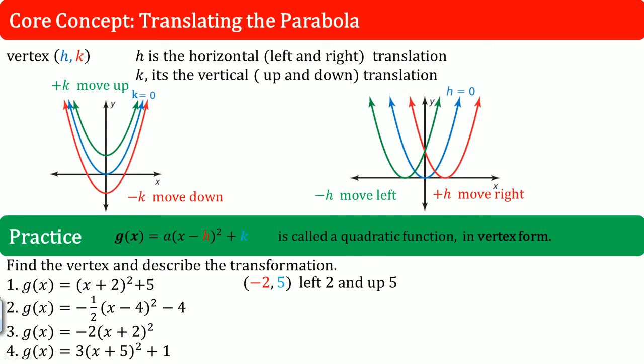So we can do it here as well. Here we saw that the h is your 4, so this should be a 4, and your k should be negative 4. It's a positive 4, so we went right 4. Then it's a negative 4, so we went down 4. Okay, let's see if that worked.